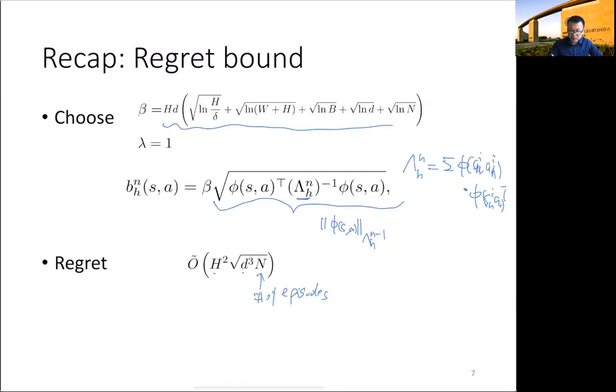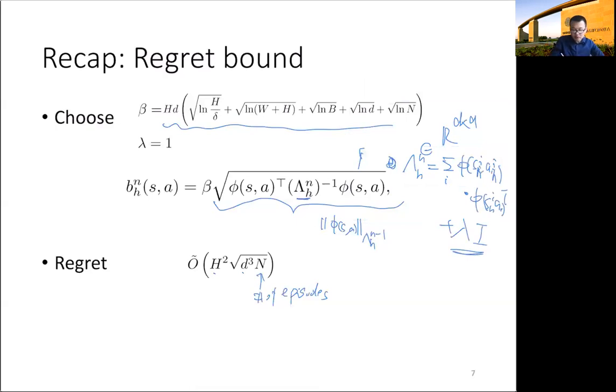So each one of them is a matrix. So this is a matrix of R^{d by d}, right? So basically the unnormalized covariance matrix plus lambda identity, with additional terms that are coming from the regularization.